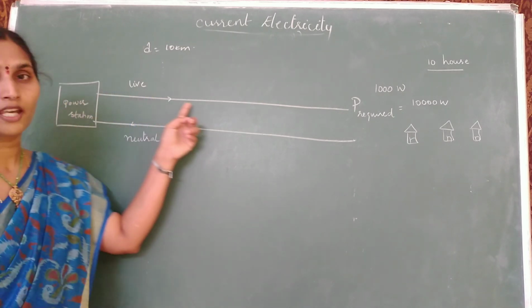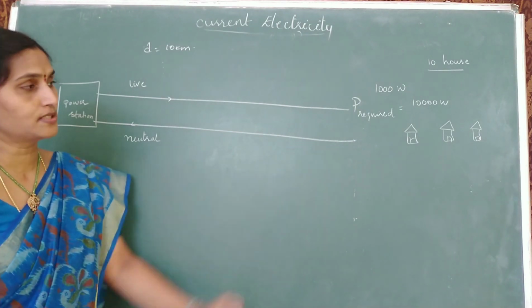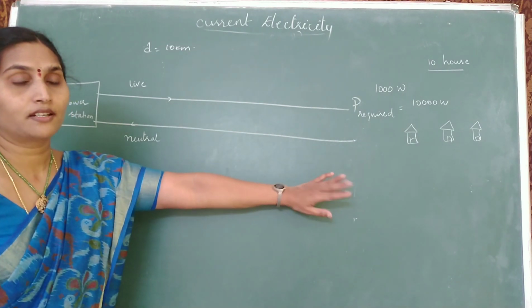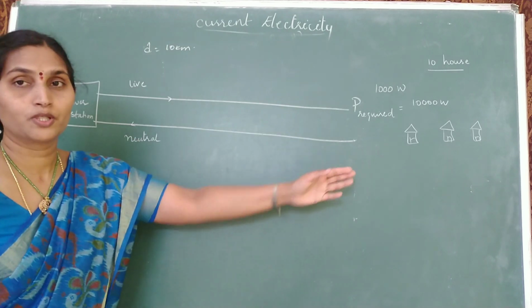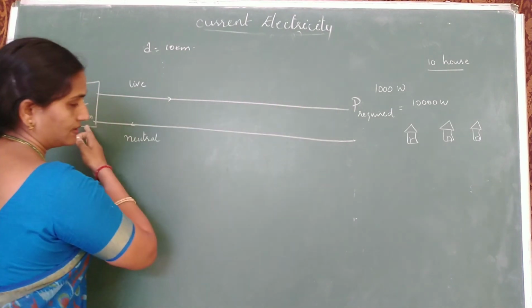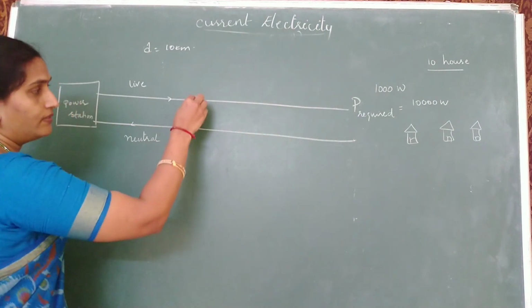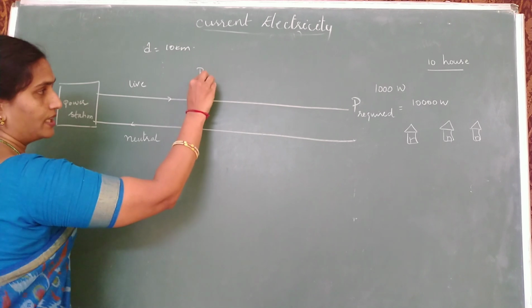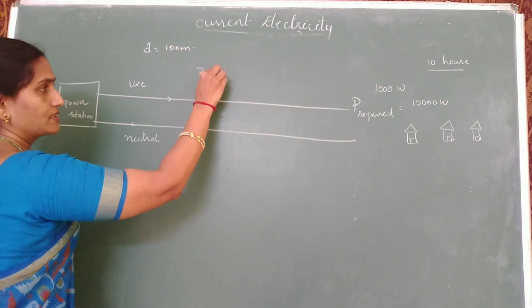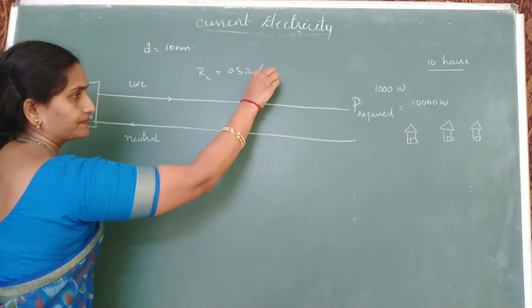Do we use thick cables coming from the power station till the transformer or till your houses? Without using a transformer, I am showing you how power distribution occurs. Because these are metal wires connected between the power station and the village, they will have some resistance. Let us suppose the resistance of these cables is 0.5 ohm per kilometer.